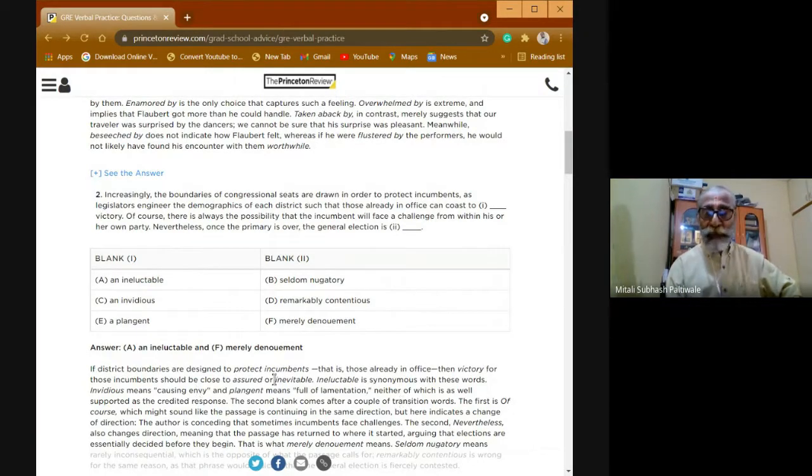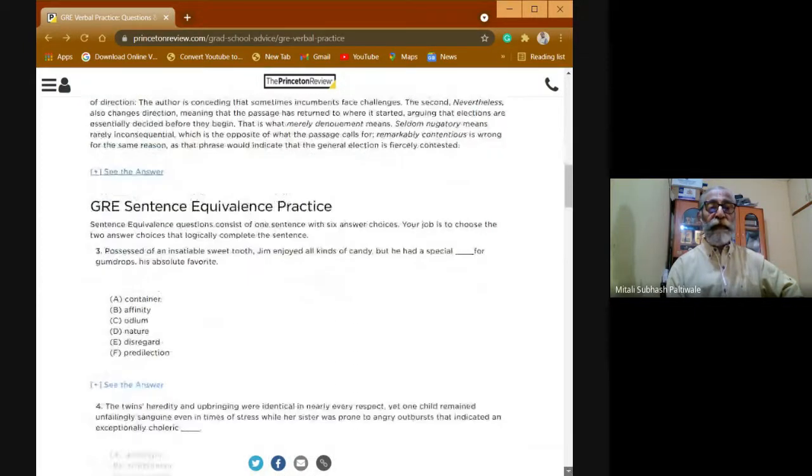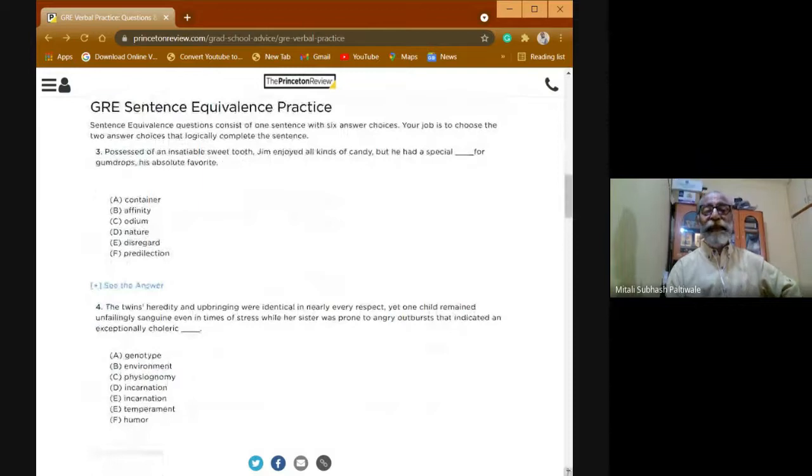So, once you understand the question clearly, and once you understand the meaning of the given choices of answers, then it will be quite easy for you to pick the appropriate answer and fill the blank. Right, my dear friends? Now, let us get into the next section, the sentence equivalence section.